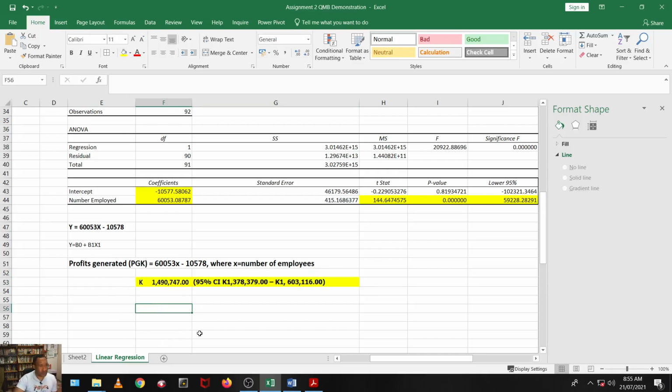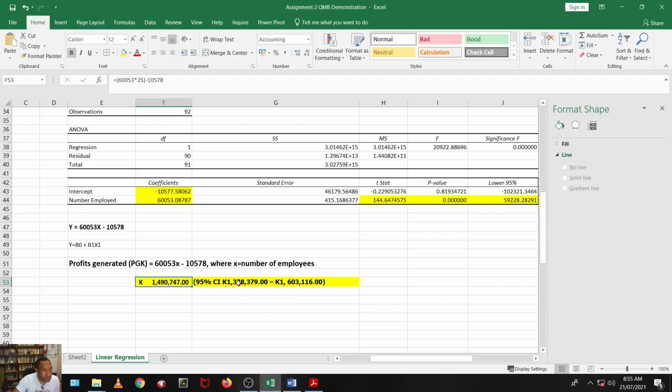So this is the answer to the last part of question number 3. It is asking us to predict the profit generated given we employ 25 new staff, and the predicted profit is this here with the 95% confidence interval of 1,378,379 kina to 1,603,116 kina.